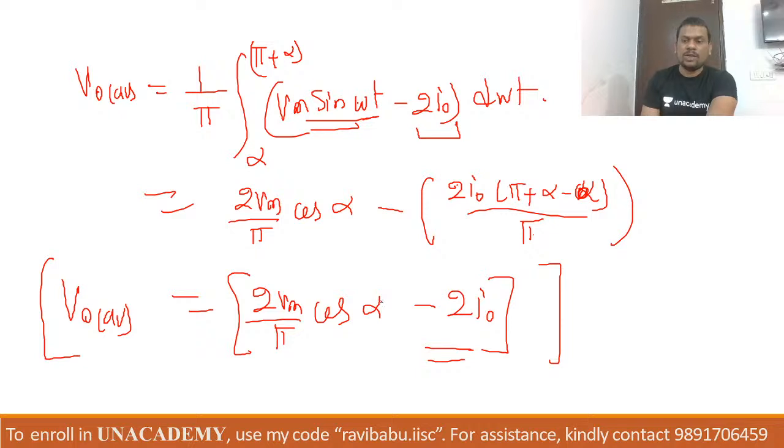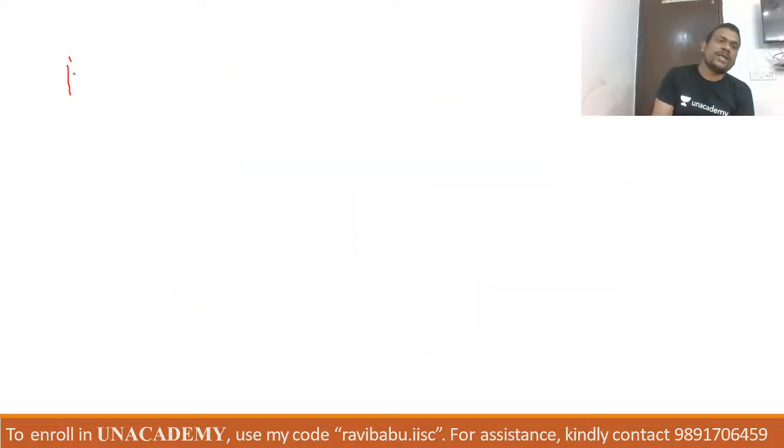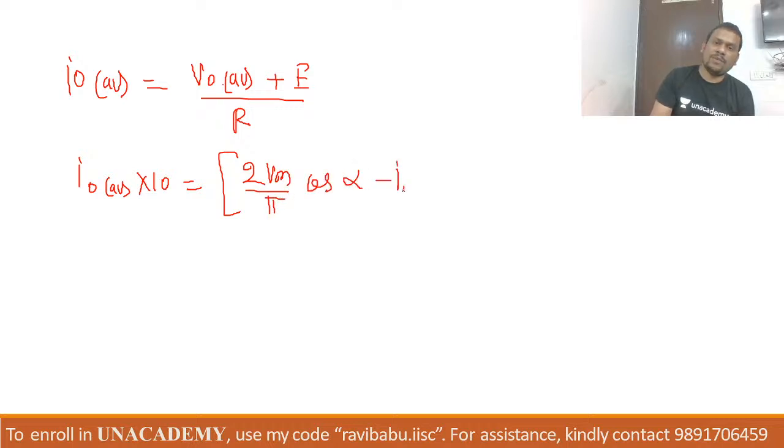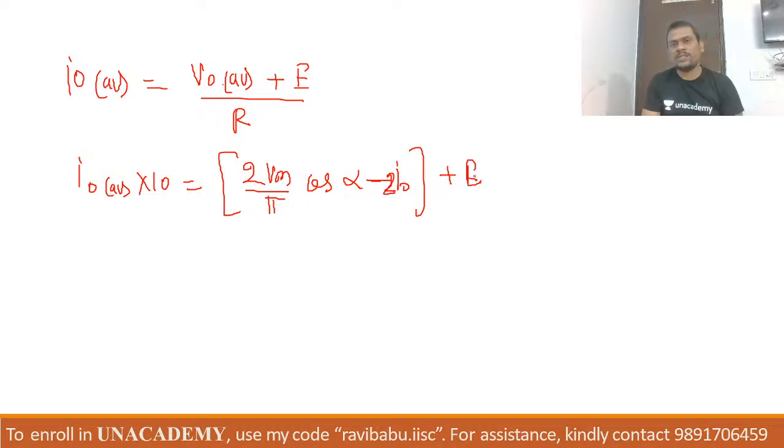What will be the answer? So I naught average, in this particular case, when electrical braking mode, is nothing but V naught average plus E divided by R. Be serious. V naught average plus E divided by R. I want to write I naught average into R is 10, and this V naught average is nothing but 2Vm by pi cos alpha minus 2I naught, and plus E. E is how much? 500, I think.